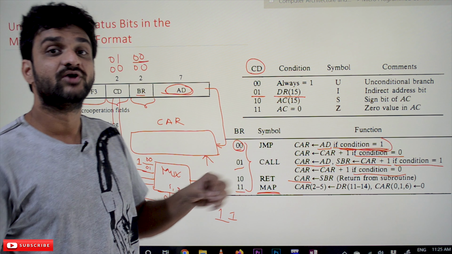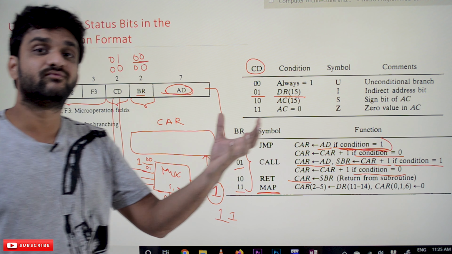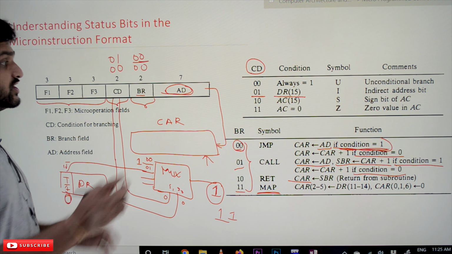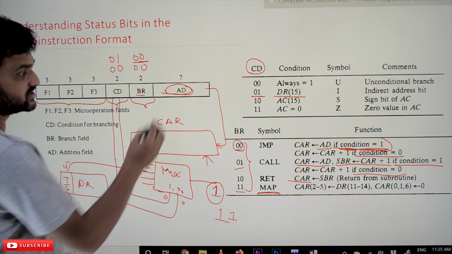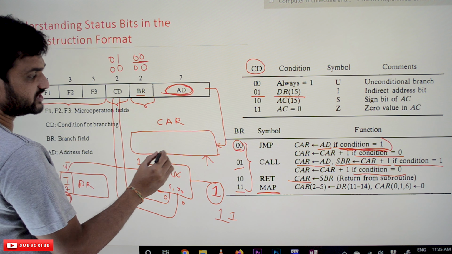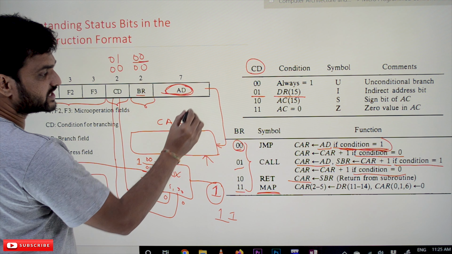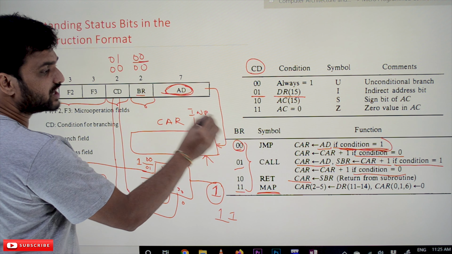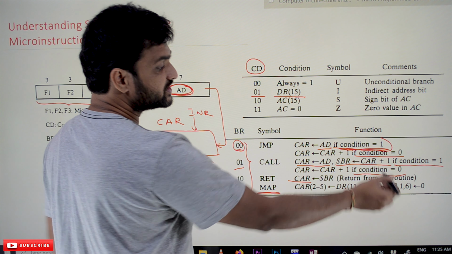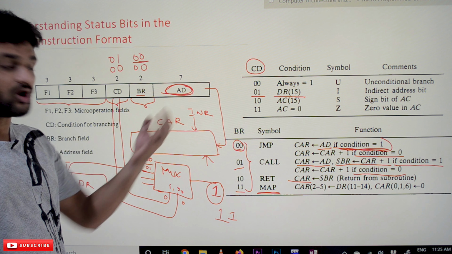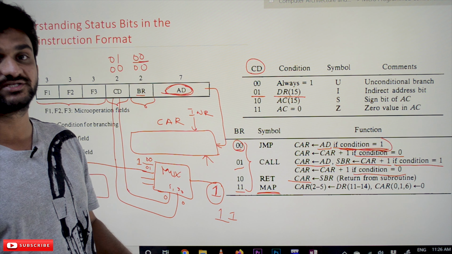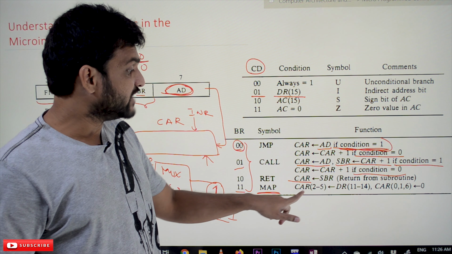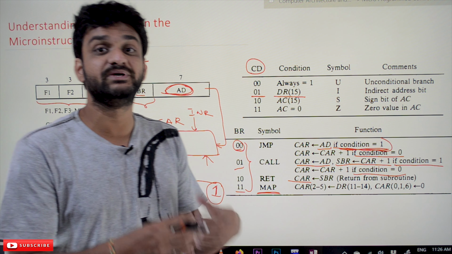Using these bits we decide what has to be transferred onto the control address register: whether the address value has to be transferred, or the control address register has to be incremented, or the subroutine register value has to be transferred onto the control address register, or the value has to be mapped.